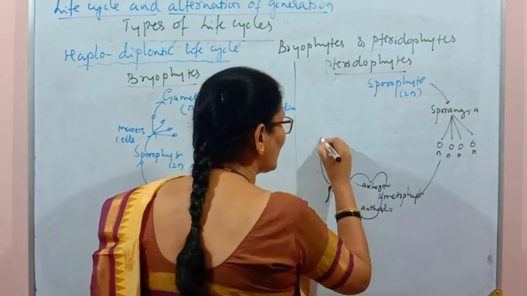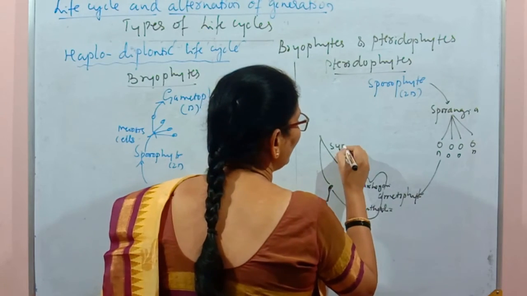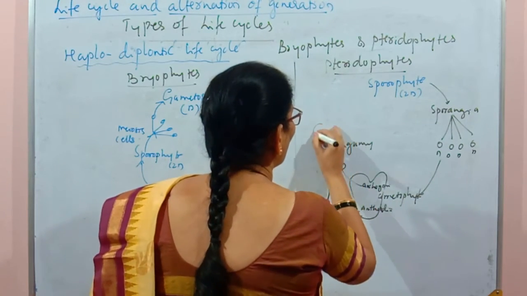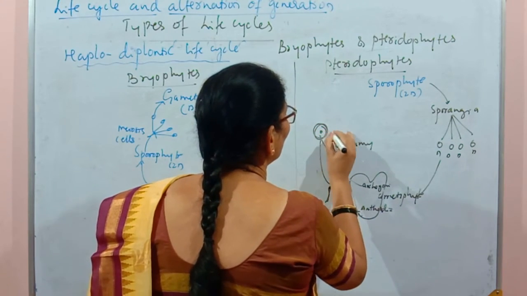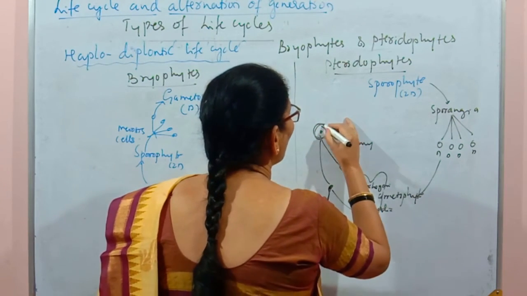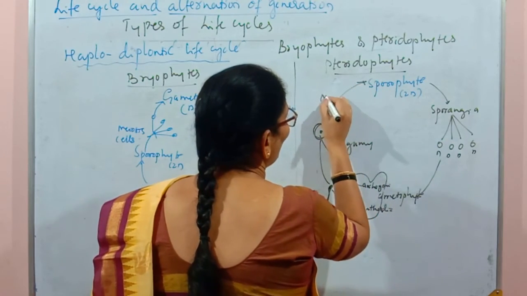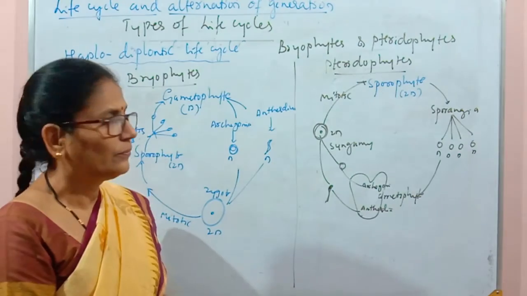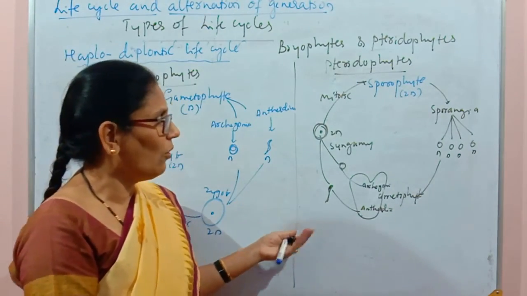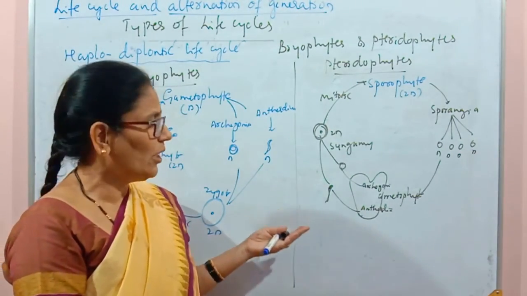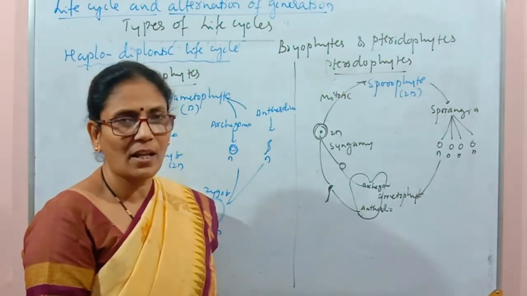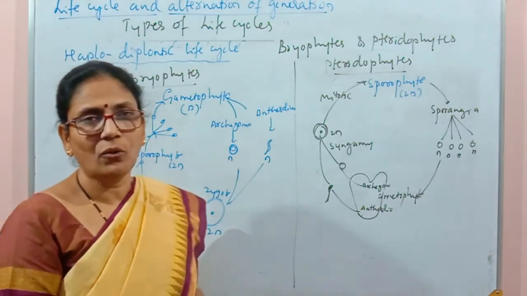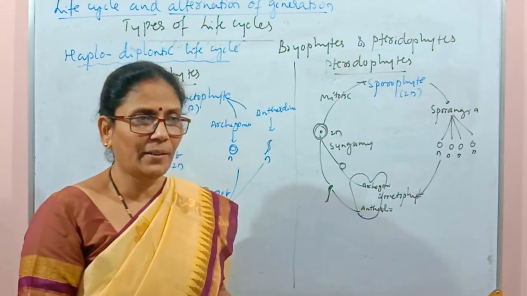When these two gametes fuse by syngamy, again the zygote is formed, which is diploid, and this zygote undergoes continuous mitotic division and forms the sporophyte one more time. So this is the life cycle of pteridophytes, in which both haploid and diploid stages are more or less equal in period. Hence, these life cycles are called the haplodiplontic life cycle.